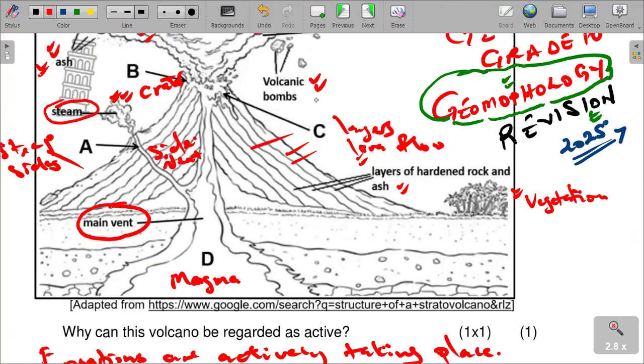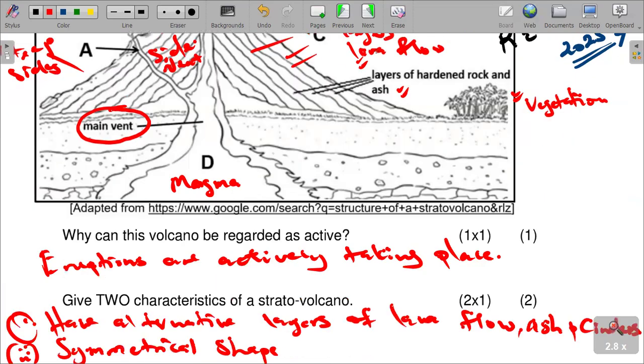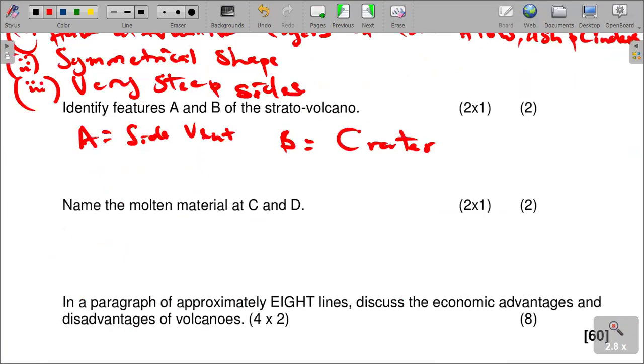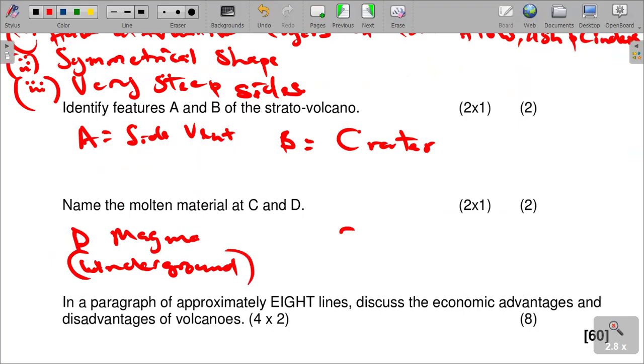And when it erupts there, it is called lava. When it is out there, it is called lava. So D is called magma, which is underground. When it is underground, it is called magma, and C is called lava.